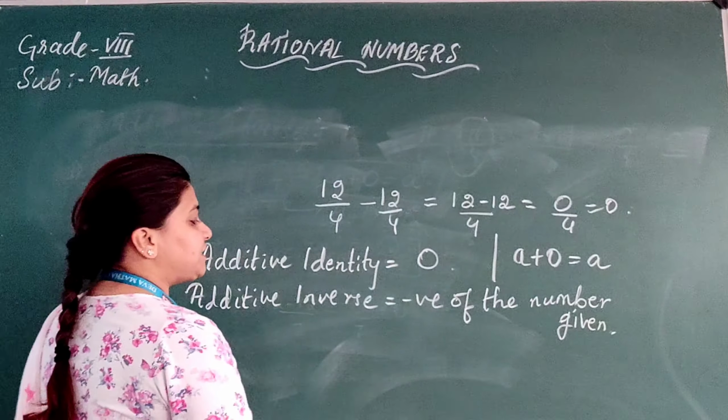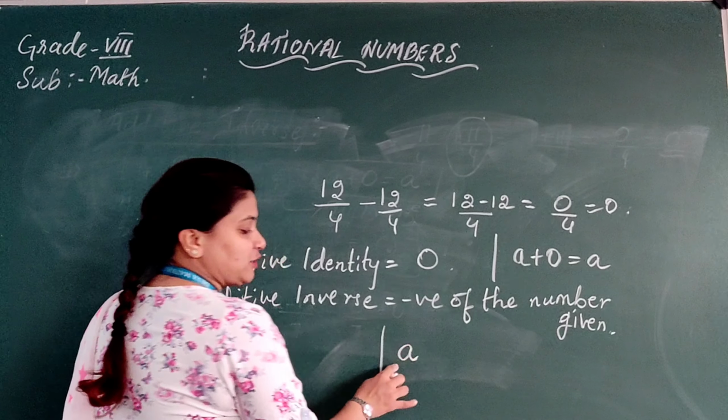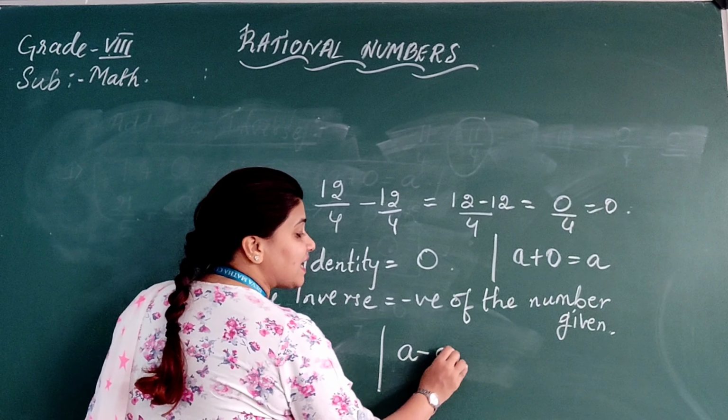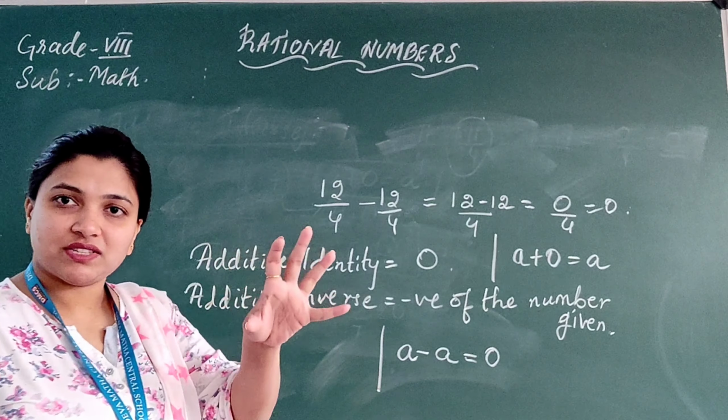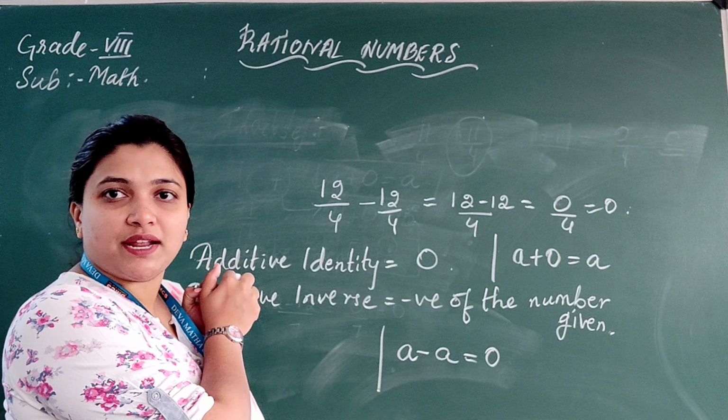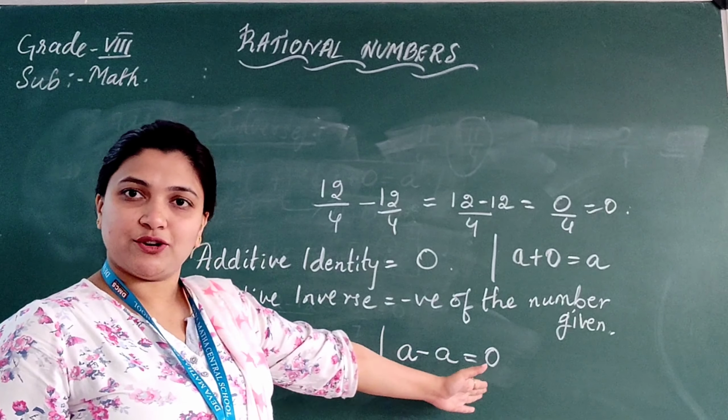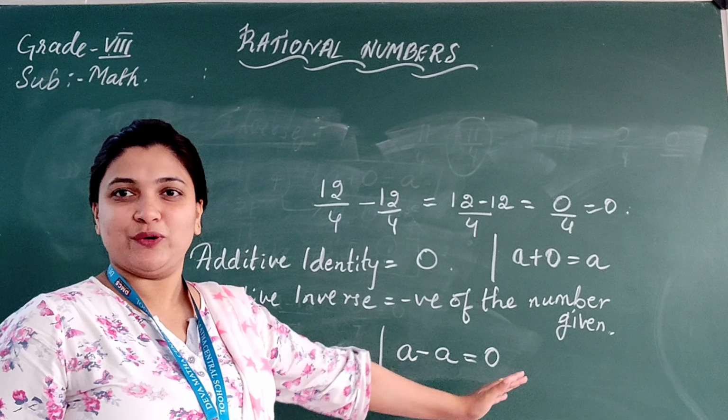The formula for additive inverse is: a is one number, a plus minus a is equal to 0. Yes or no? a minus a, if there is a, I took off a. What is remaining? 0. So a minus a is 0. Clear?